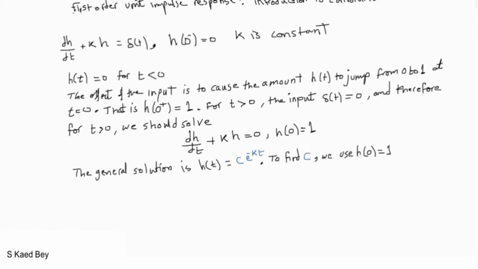We can easily find c using the initial condition, where the height at time 0 is equal to 1. This leads to a value of c equal to 1 as well, and the final impulse response is shown here.